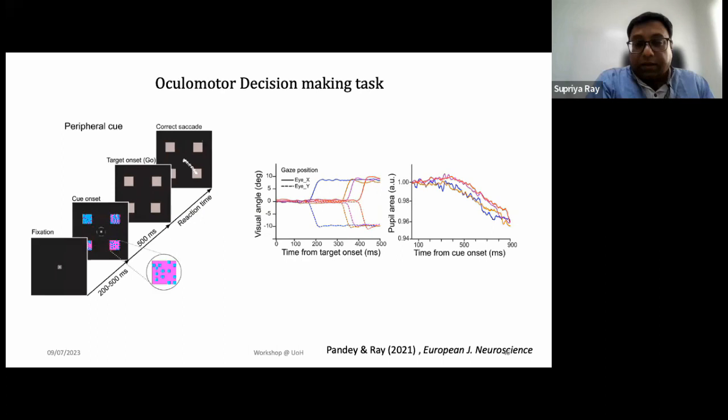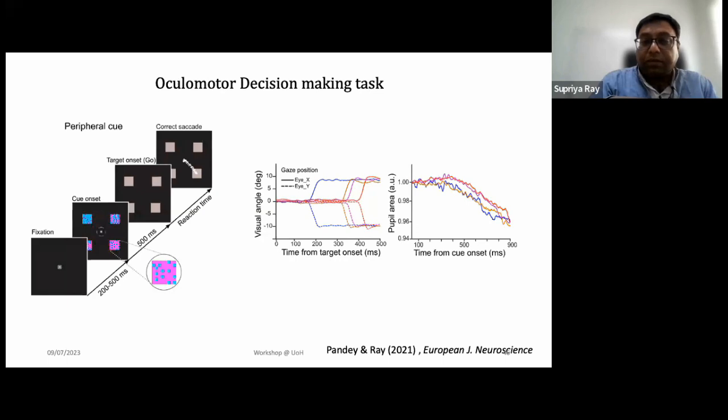For example, in this illustration, the lower right box is the target, and they made an eye movement to that target. While they were doing this task, we recorded their gaze position and pupil size simultaneously, which are plotted for a few trials on this slide.